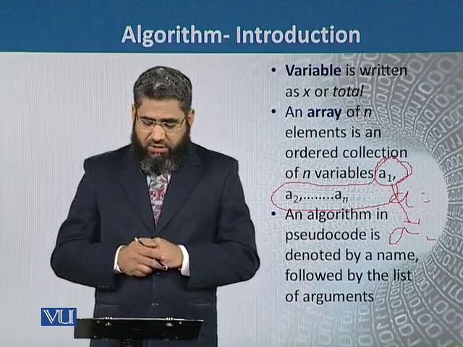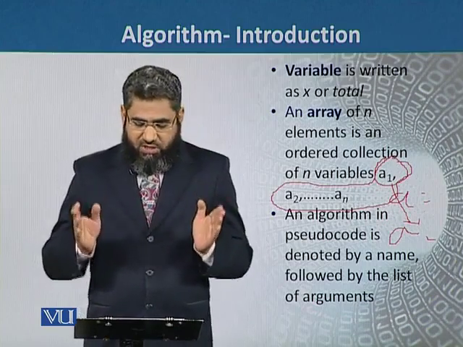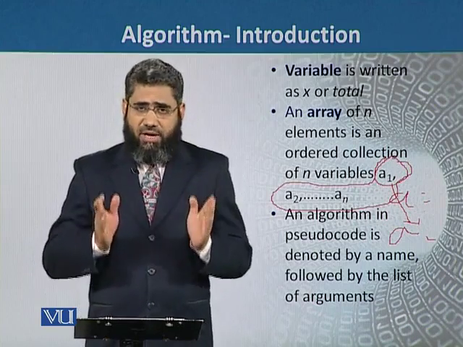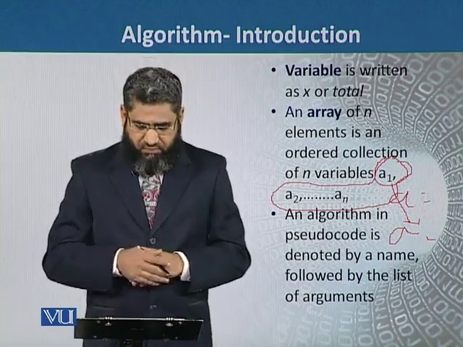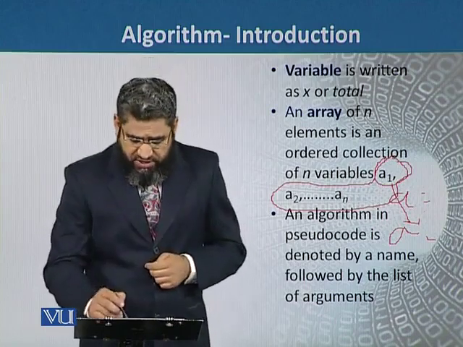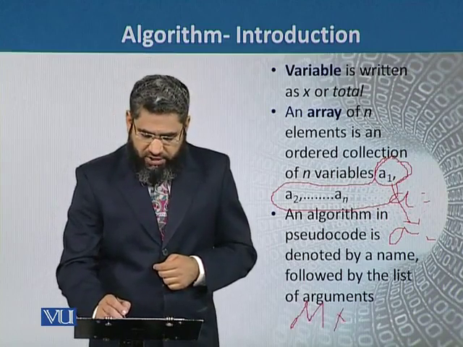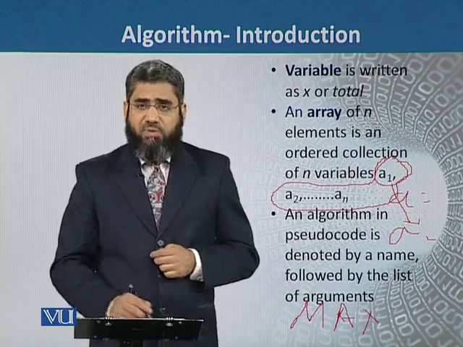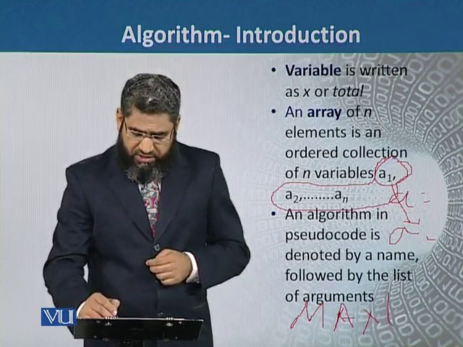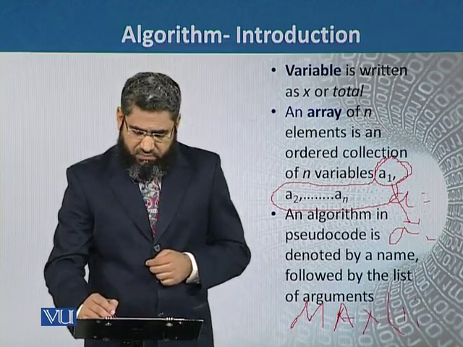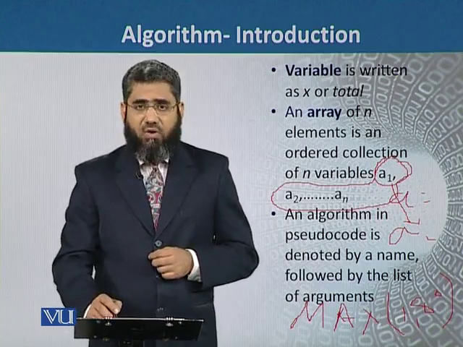And the last is arguments. In pseudocode, the algorithm is denoted by its name, and it is followed by the arguments. In this example, if we want to calculate the minimum value, this is the name of the algorithm, and then we have to calculate which one is the smallest, either 1 or 80.